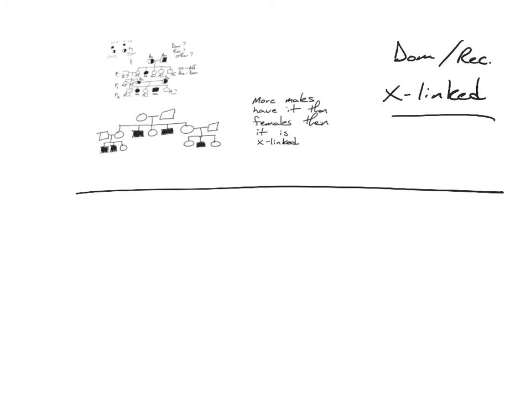So incomplete dominance is one of those non-Mendelian, right? This is the kind of inheritance pattern that doesn't follow the simple dominant or recessive.